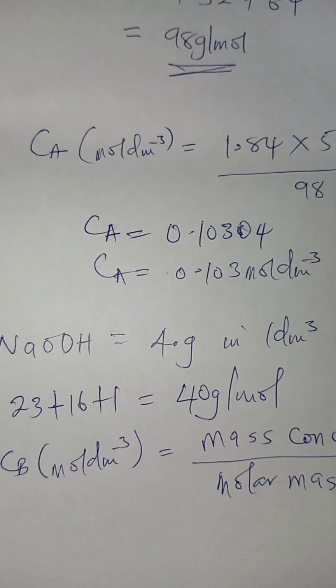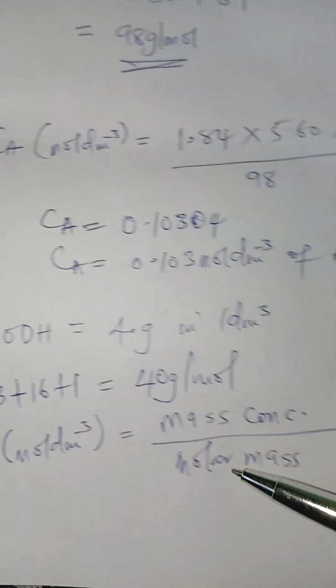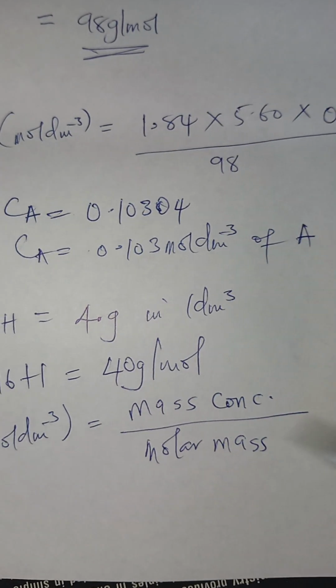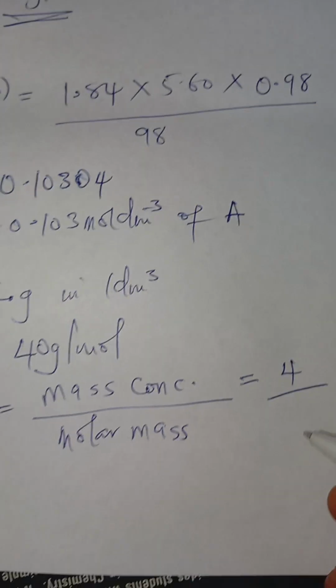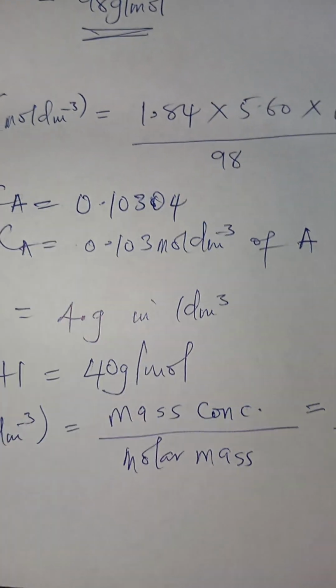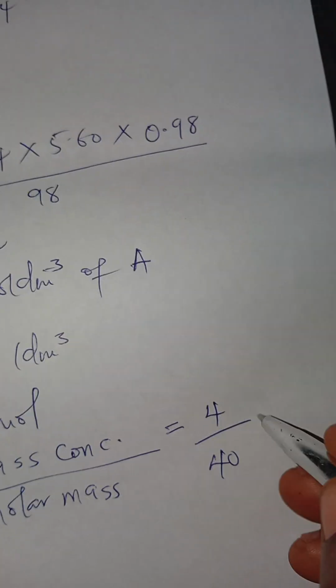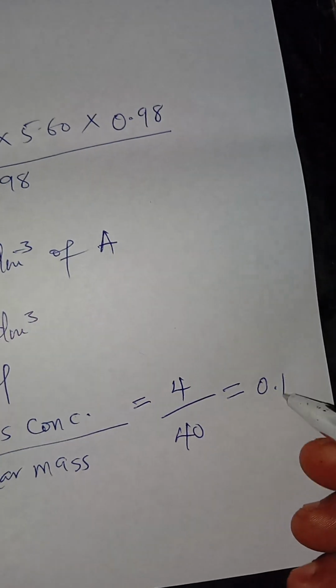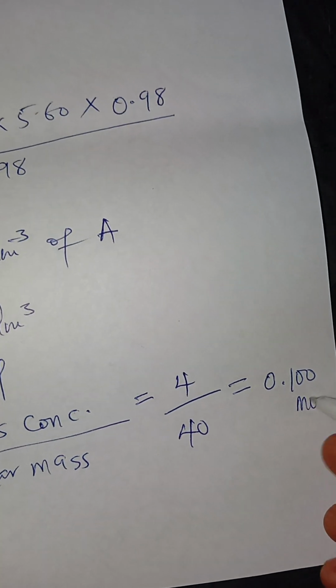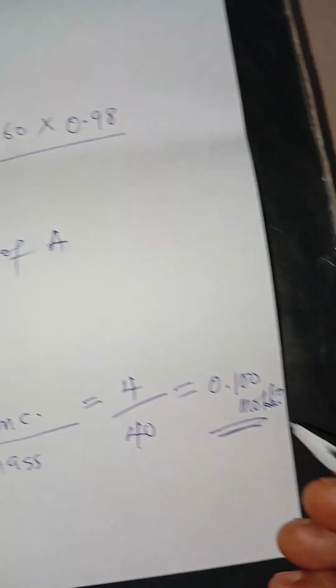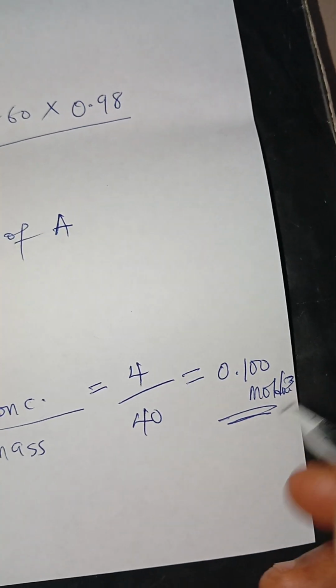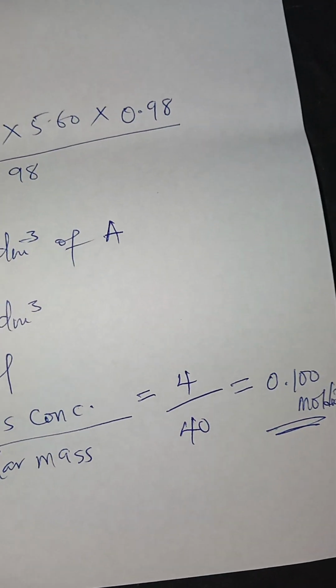The mass concentration is 4 and the molar mass is 40. When you divide, we should have 0.100 mole per dm cube. That will be the concentration of the base.